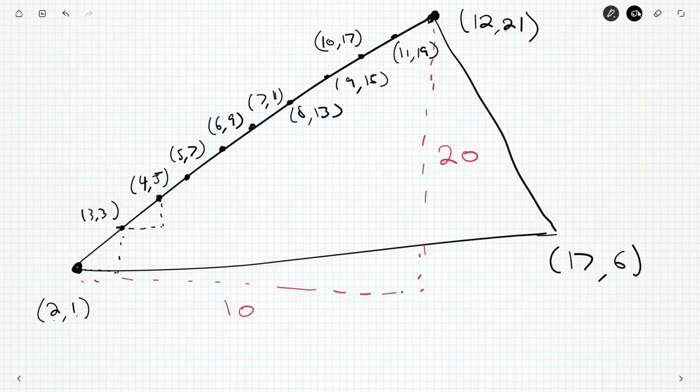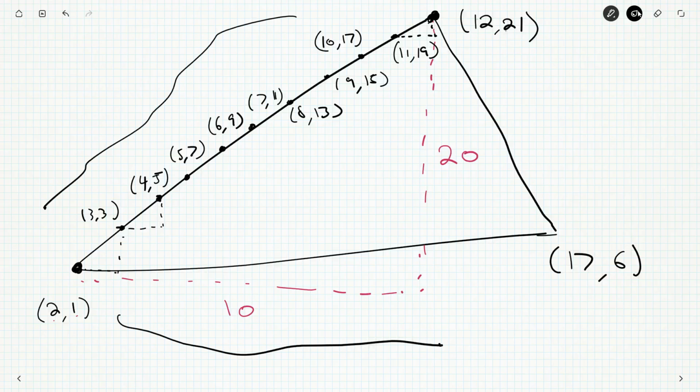Over by 1, up by 2. And then you can see this really did work, because now we go over by 1 and up by 2 and we get (12, 21). By writing them all out, I can count them at the end rather than try some fancy counting argument for each side and then mess up counting the end points, the vertices, because they count as well.